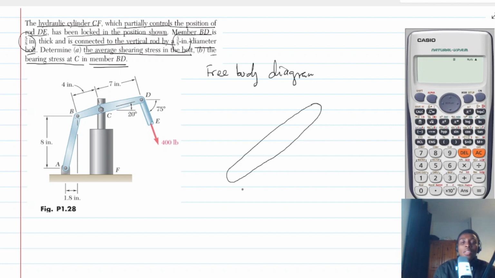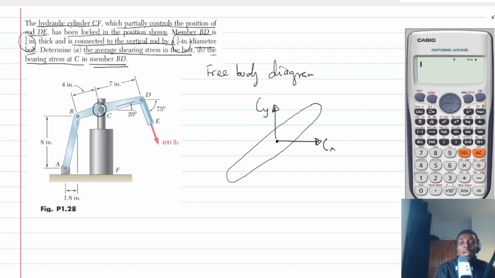After getting BCD, you realize that this point C over here is some sort of a joint. So we can label this C as a pin with two reactions, CX and then CY.